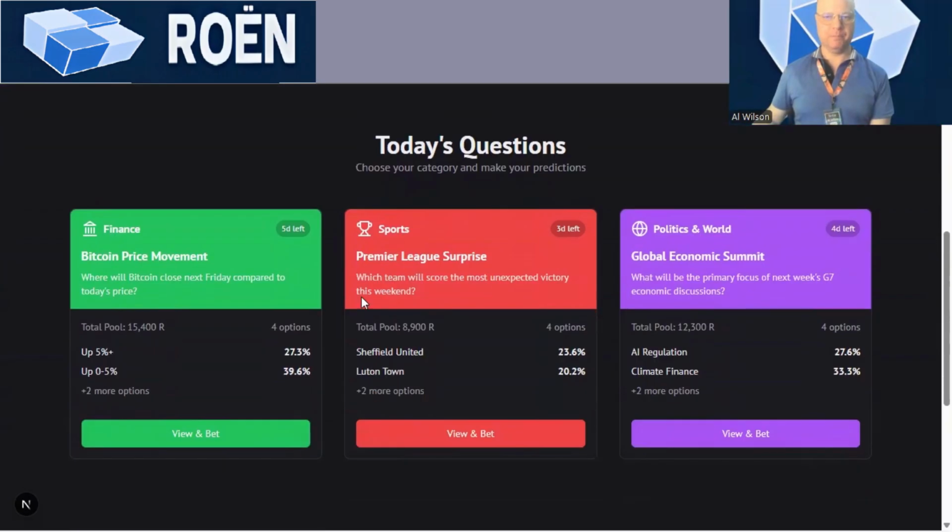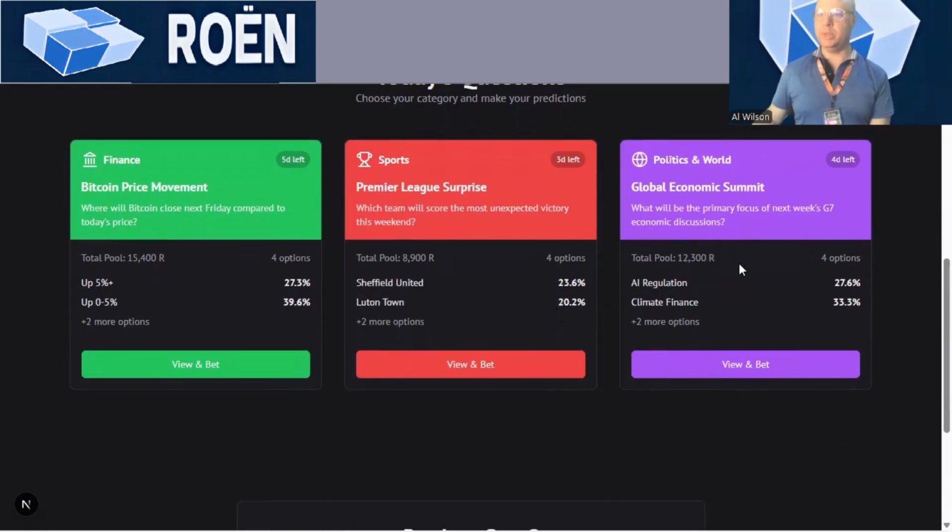After signing up, you can answer today's questions by choosing your category and making a prediction. In this case, we have a prediction about the price movement of cryptocurrencies. We have another sports prediction about which football team will win, and also regarding politics in the world, regarding the next G7 summit.